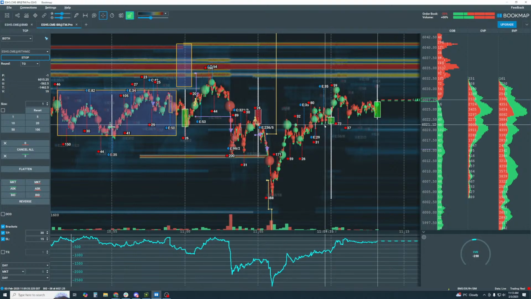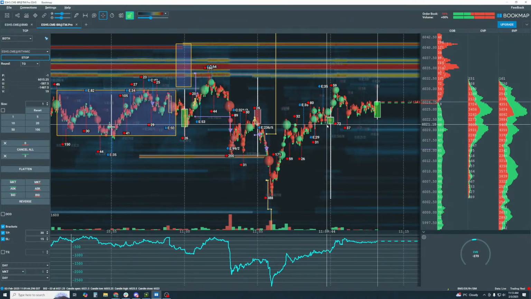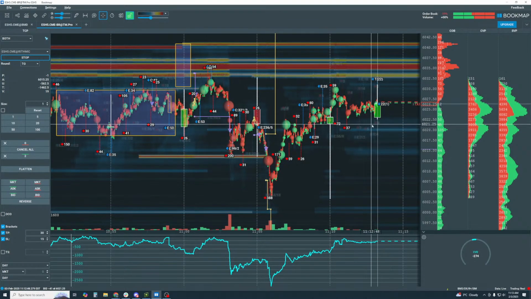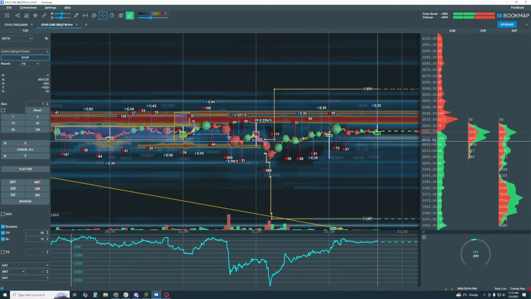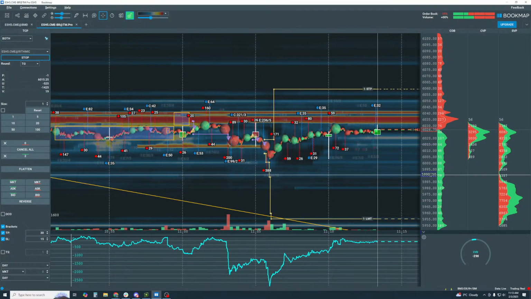Well, if this is going to work out, it's got to be selling below here, right here at this 21 for this to move back down, and try to get down to, I don't know.